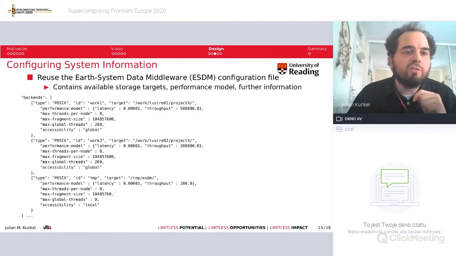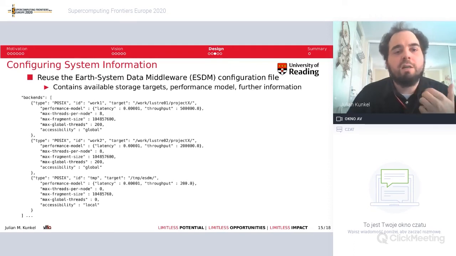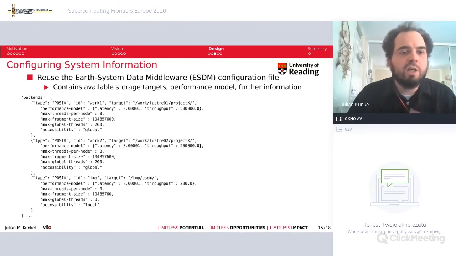Well, talking about the system information, ESDM already has a configuration file in which we have different storage targets. Here we see Lustre 01 and Lustre 02. We have a simple performance model that we are extending as part of EasyWays 2. And we have information how to use it best, like how many global threads should we use in a parallel application, how should we fragment the data, how many threads per node, typically a good configuration.